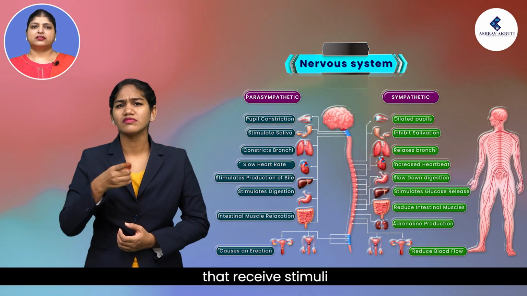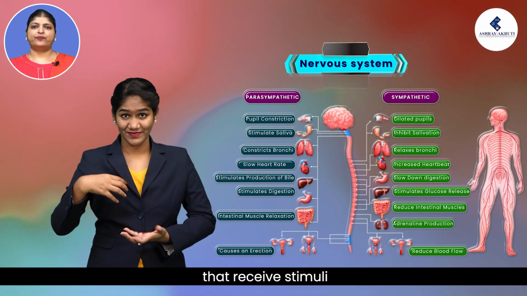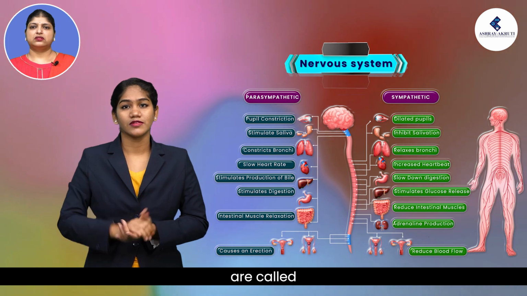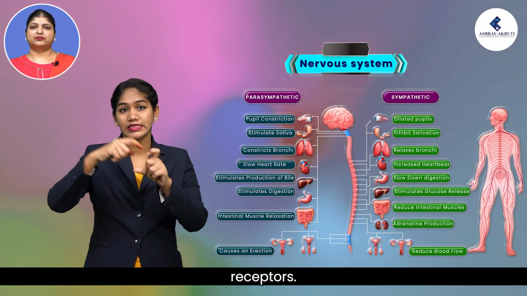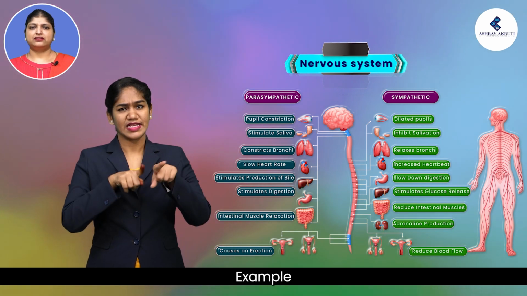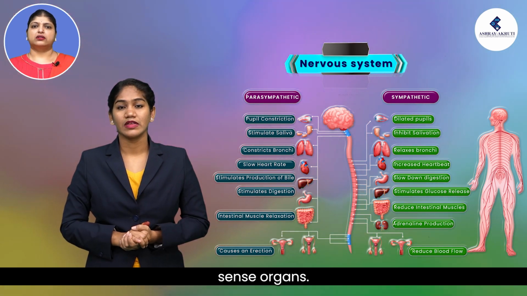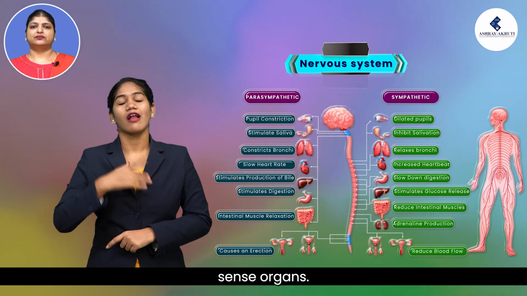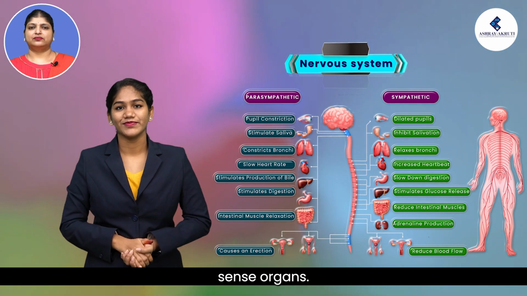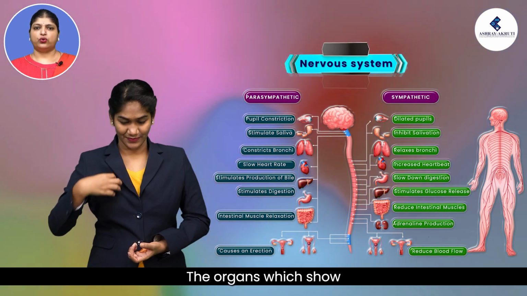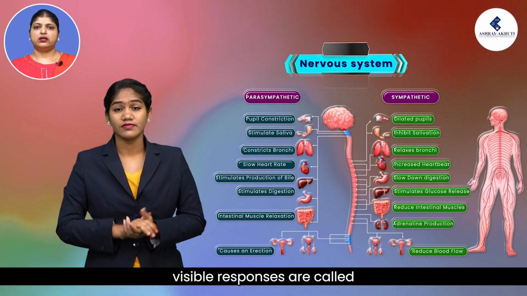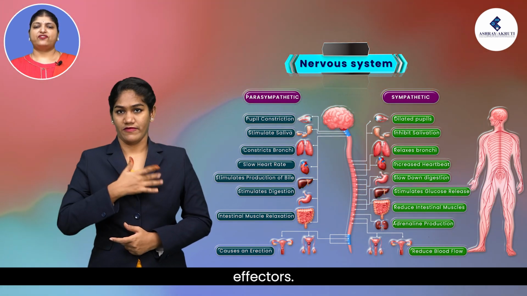The organs that receive stimuli are called receptors. Example, sense organs. The organs which show visible responses are called effectors.